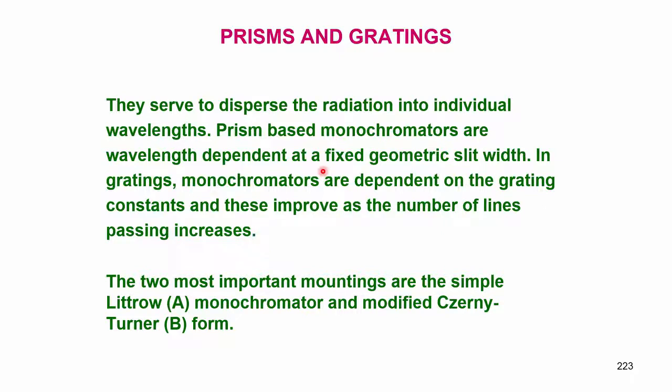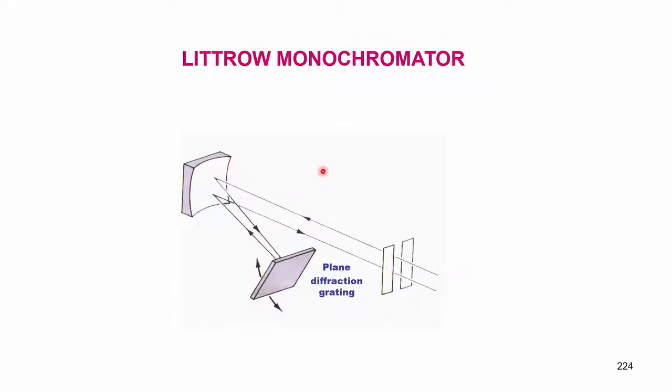So, the two most important mountings are the Littrow mounting monochromator and the modified Czerny-Turner system. I have already explained to you what is Littrow and Cornu mounting earlier when we were discussing the optics, and the idea is that in atomic absorption, Littrow mounting and modified Czerny-Turner, these two are the typical systems which will give you good separation.